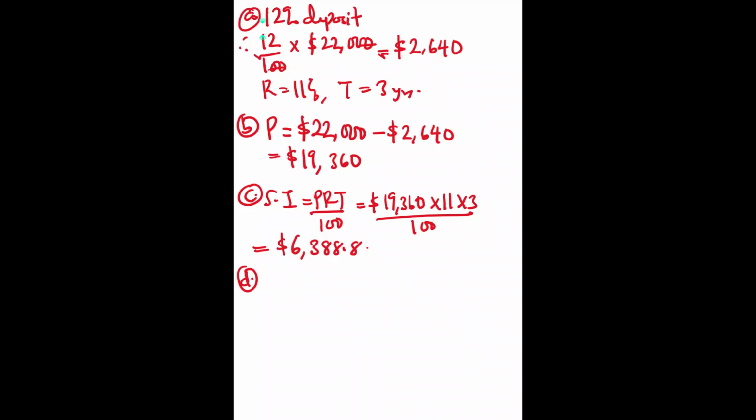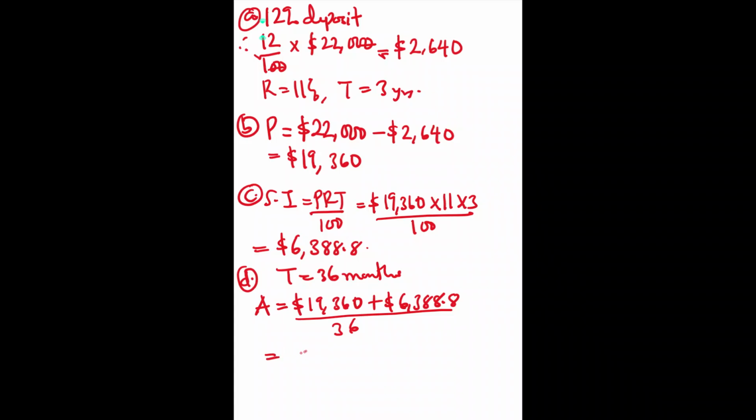So now we do D. So for D, we are asked to find the amount that will be paid in a month. Okay, so the time is 3 years. So if we are converting 3 years to months, that will be 3 times 12 months. So that will be 36 months. Okay, and for the amount that we are supposed to pay, that will be $19,360 plus $6,388.8 divided by 36 months.